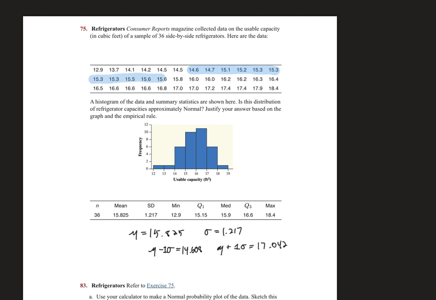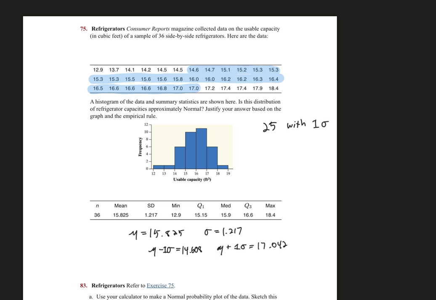So there's 6 here, 18 total, 19, 20, 21, 22, 23, 24, 25. So there's 25 pieces of data within one standard deviation.